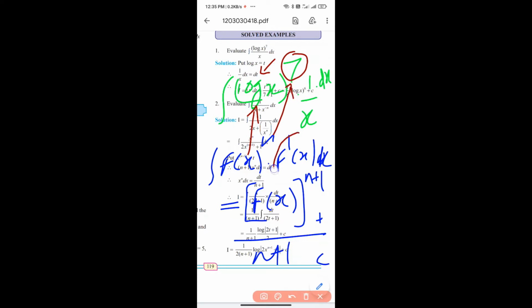And f dash of x is 1 by x. So you can understand that the function has a power 7 and the derivative of the function is multiplied with that. So we can use this formula. This is how you should approach it. You should do this calculation in your mind so that then you can write the answer properly.